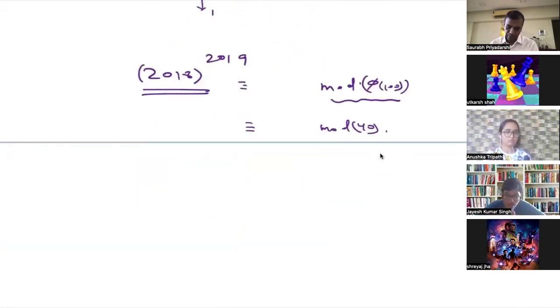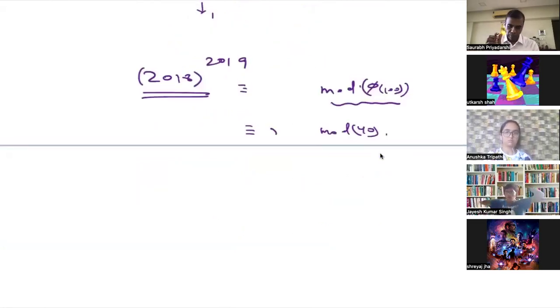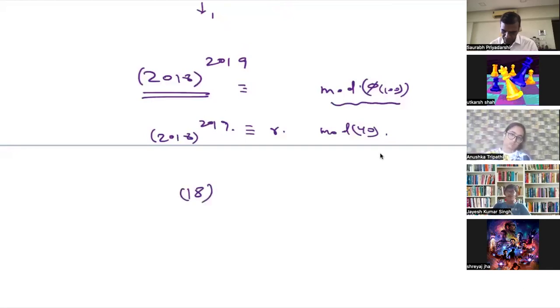So this number r will tell you what remainder you get when dividing 2018 to the power 2019 by 40.